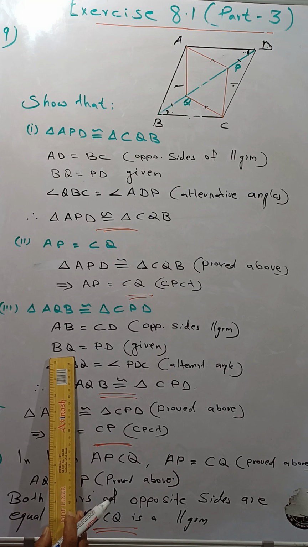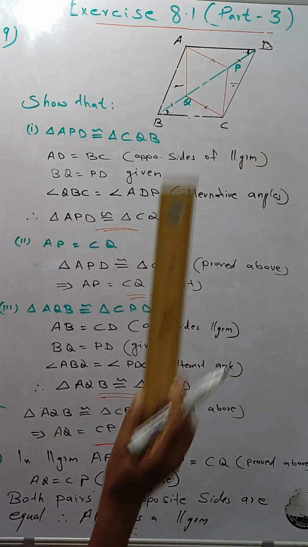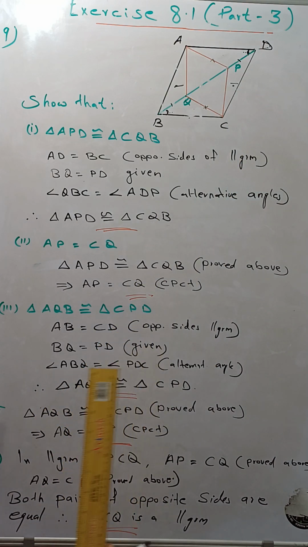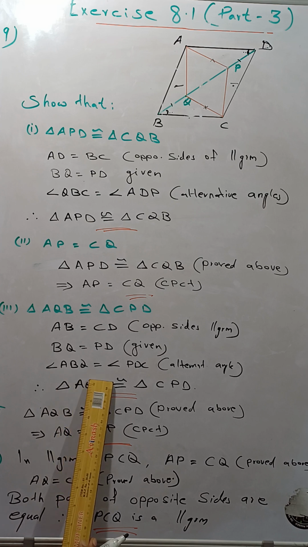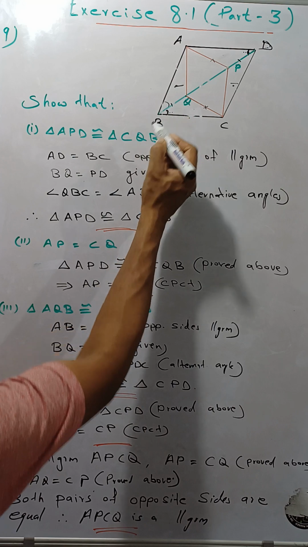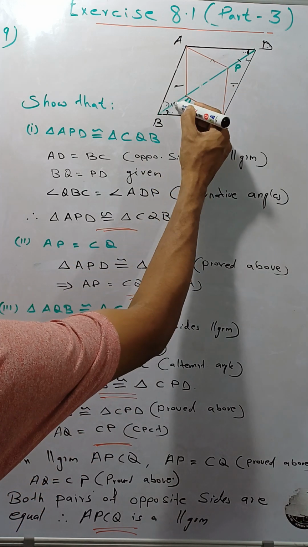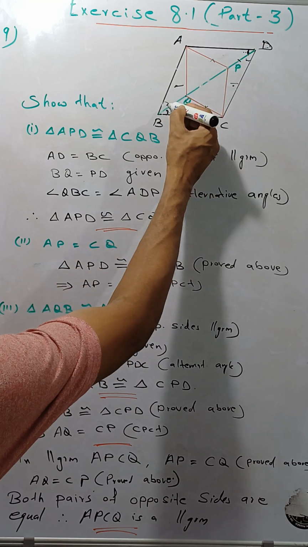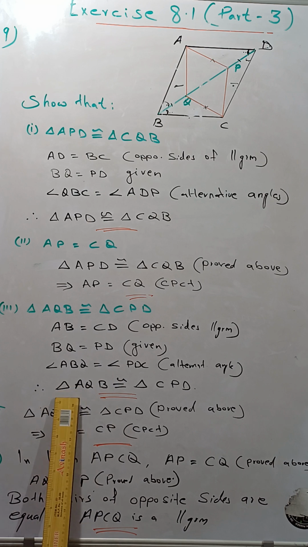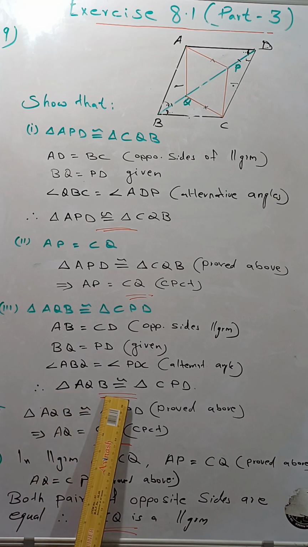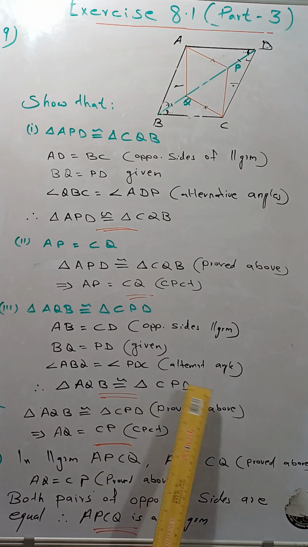Then BQ is equal to PD, that is, BQ and PD are equal, that is given. Like that, angle ABQ, this angle, and this angle are alternate angles. Therefore we can say triangle AQB is congruent to triangle CPD. This also we have proved.